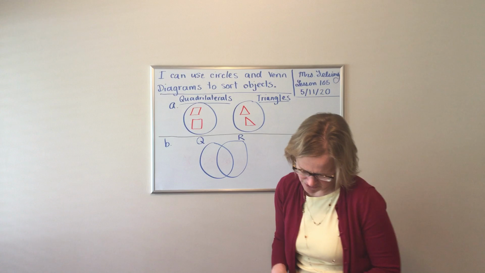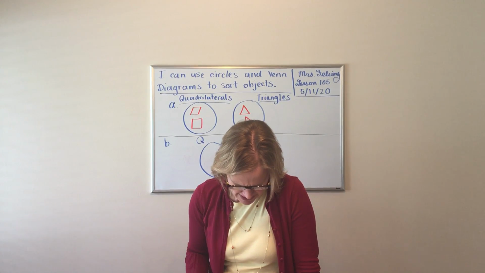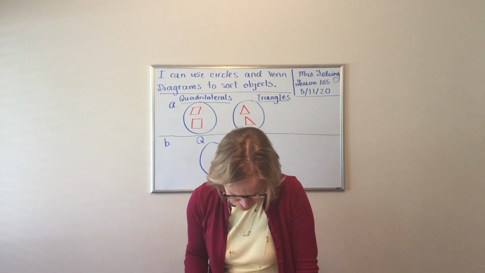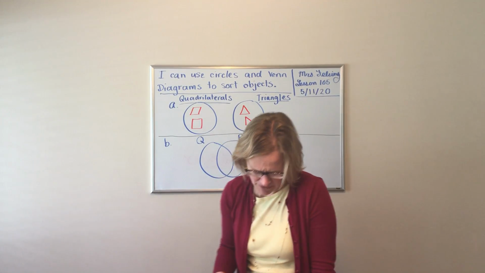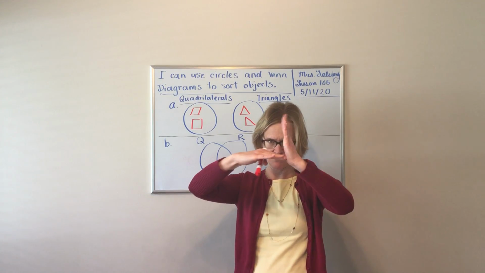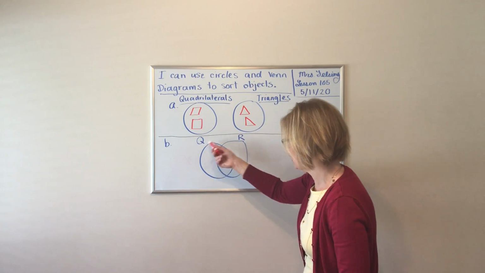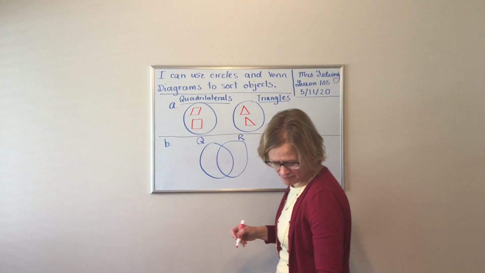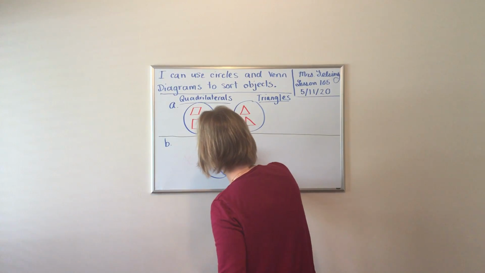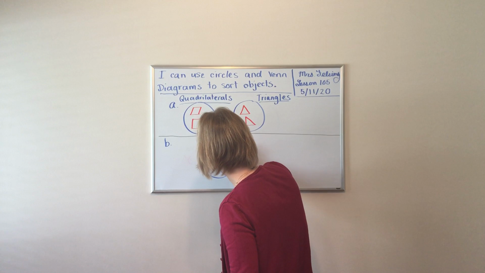Okay, so I look at the first one and I see that that has a right angle, because remember that on that left side, it is straight up and it creates that right angle there. And it also has 4 sides. So it's a quadrilateral and has a right angle. So it looks like I'm going to have to put that in that center section. I'll look at that a couple times to make sure I'm getting it right.